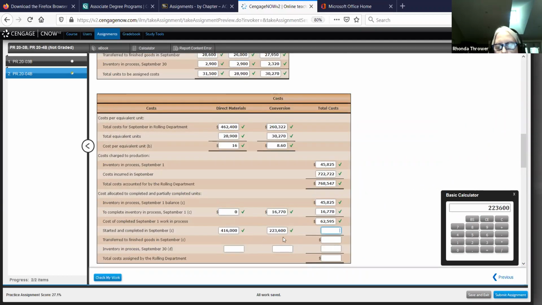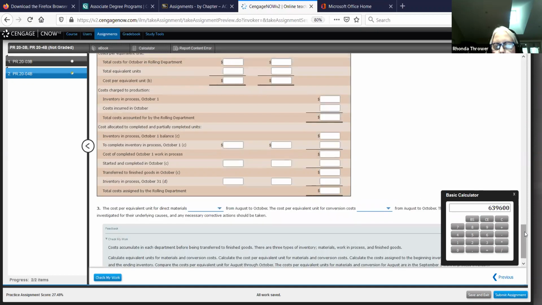The combination of materials plus conversion is the total cost of our started and completed units. Again, I would check my work to make sure my math was right.